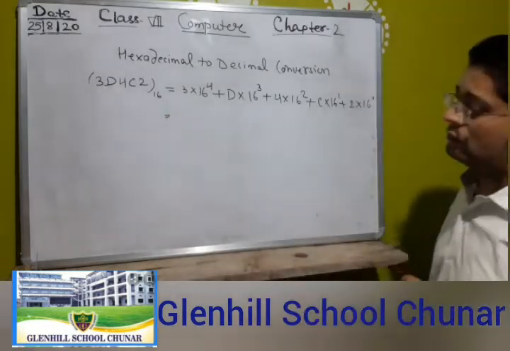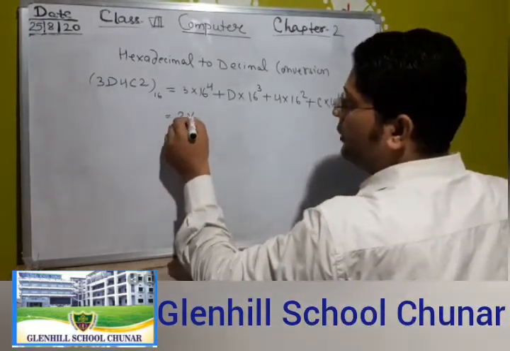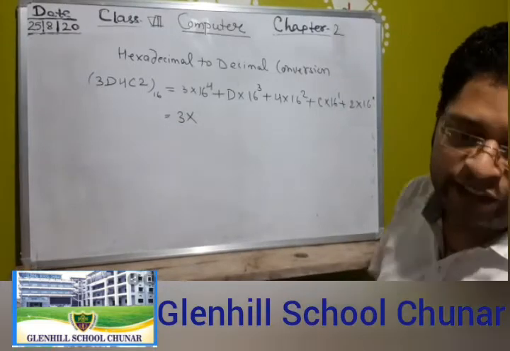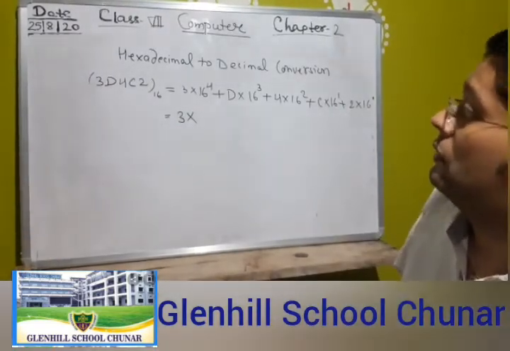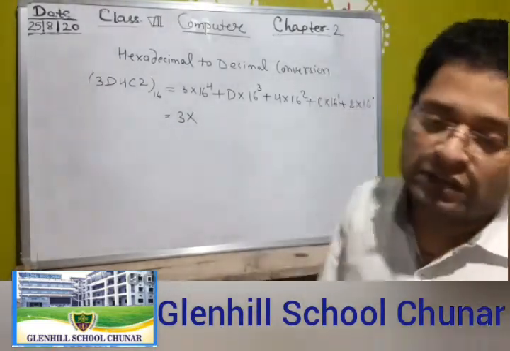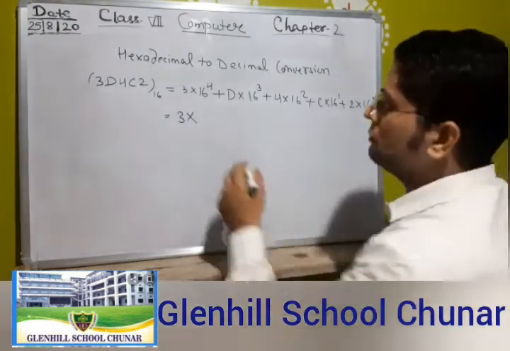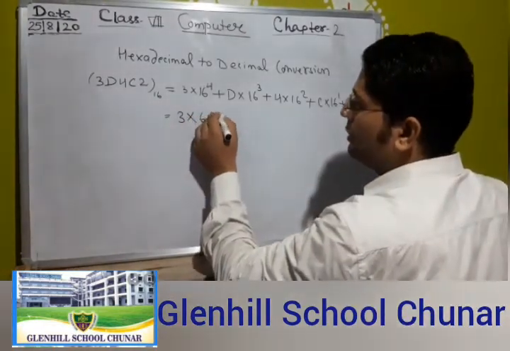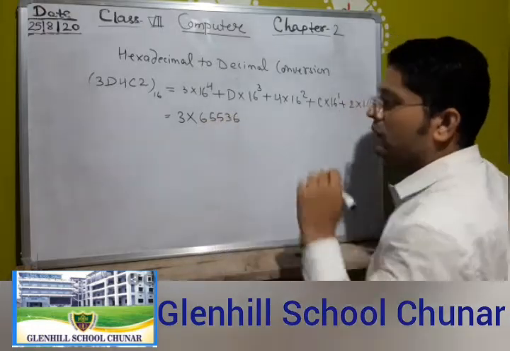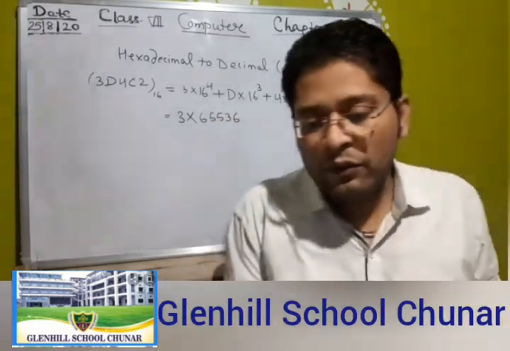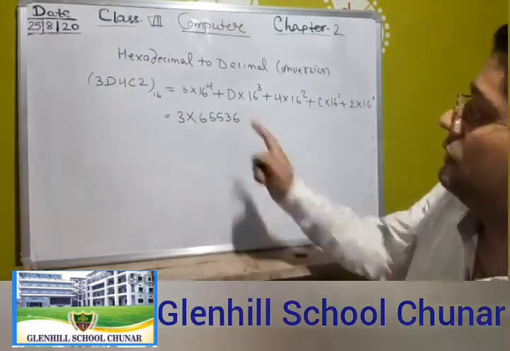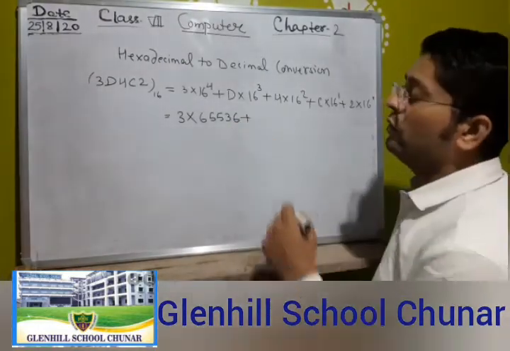Okay. So 3 into 16 power 5, the value 65,536. And what's the value of D?